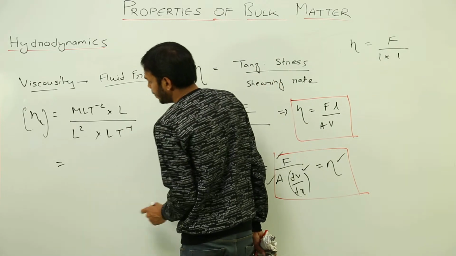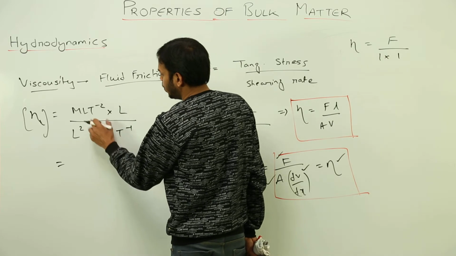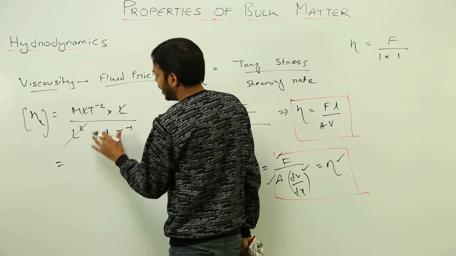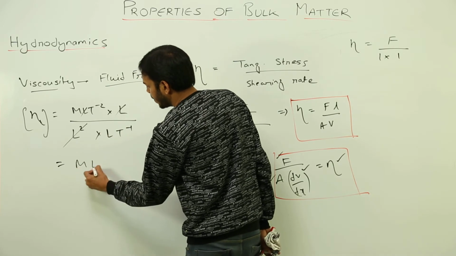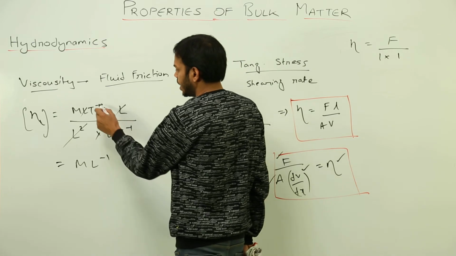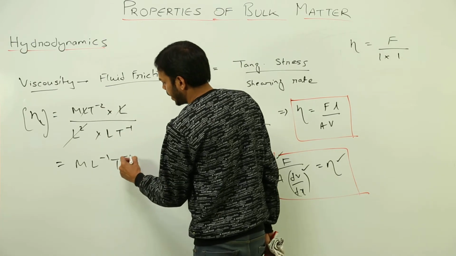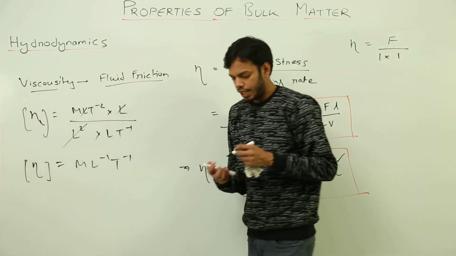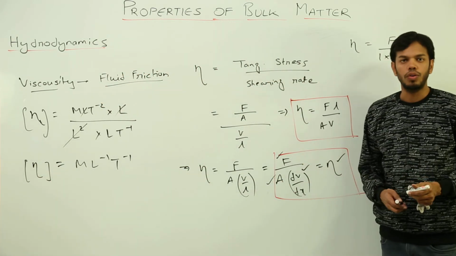So this gives me L cube over L square, so I am left with M, L minus 1 and T minus 2 plus 1, T minus 1. This would be the dimensional formula of viscosity. This is all we learn about viscosity.